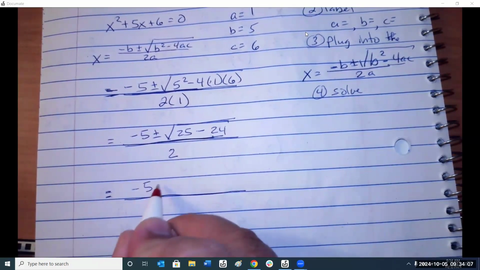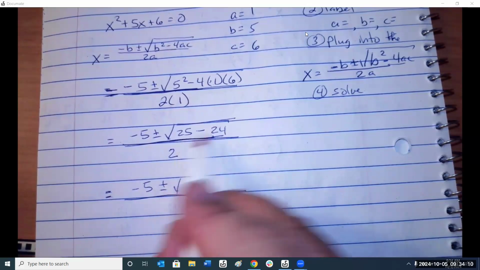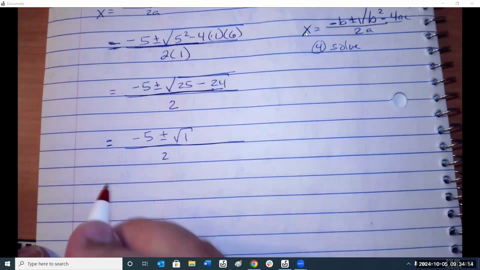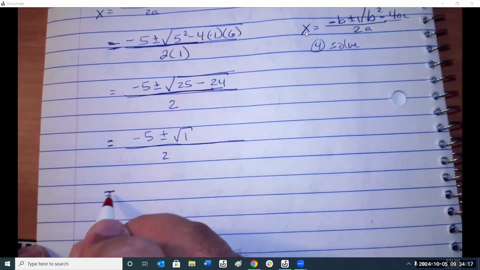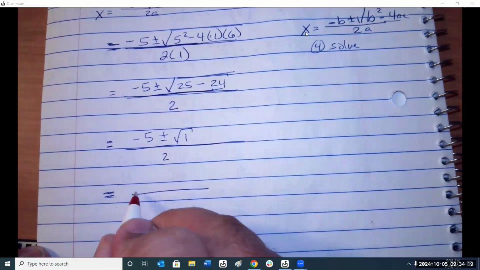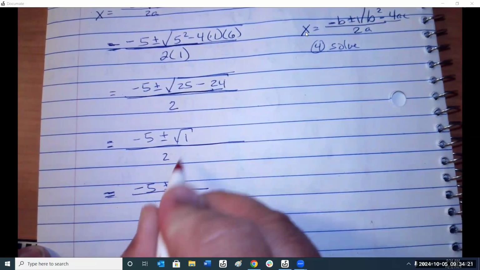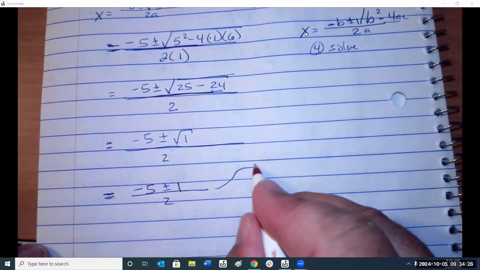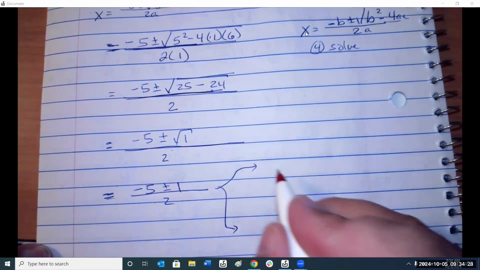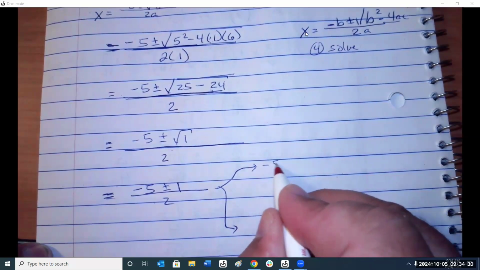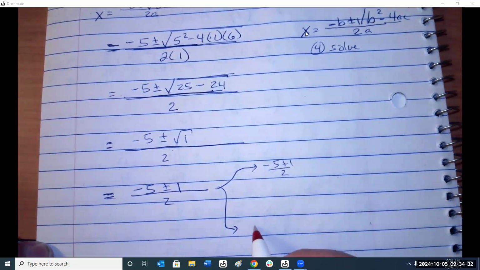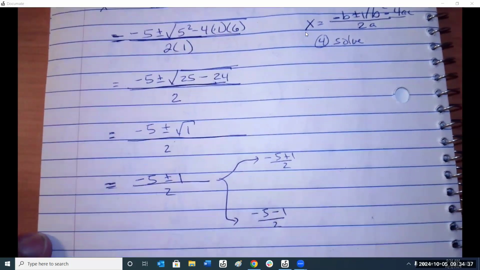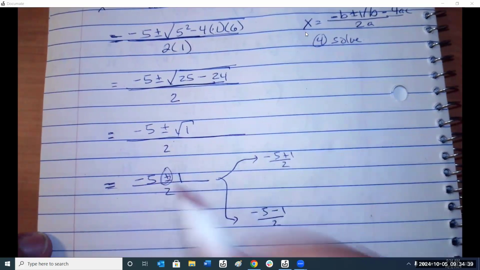So -5 plus or minus the square root of 25 minus 24 is 1. So -5 plus or minus the square root of 1, which is 1. So we have -5 plus 1 over 2 and -5 minus 1 over 2. Because we have to take 1 for each of these.